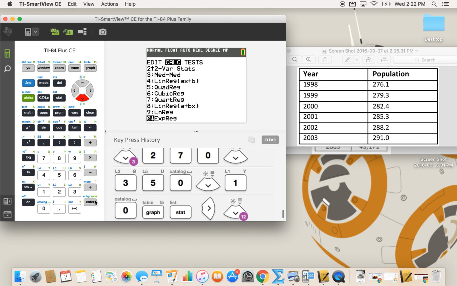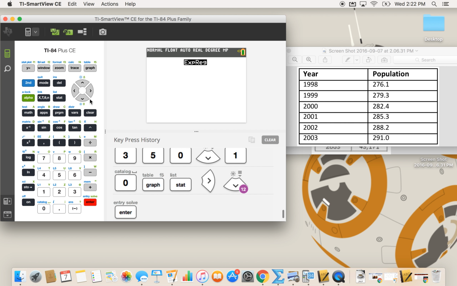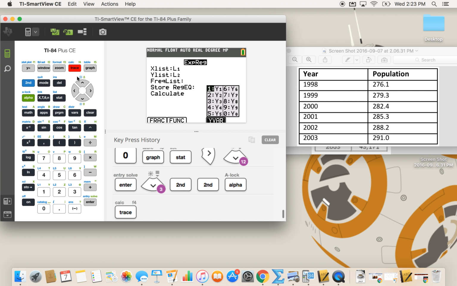Exponential regression. And in store, I want to store it in my y1 because that will allow me to graph it.